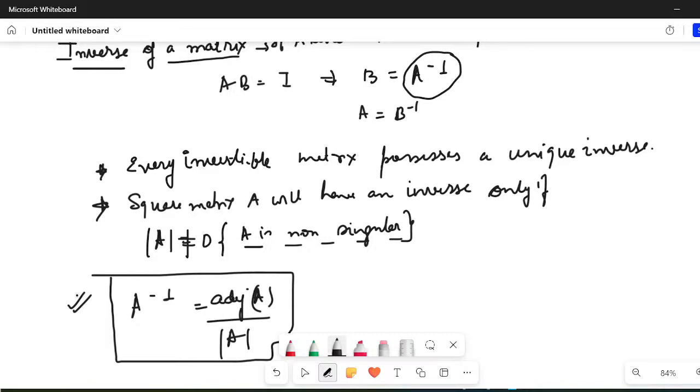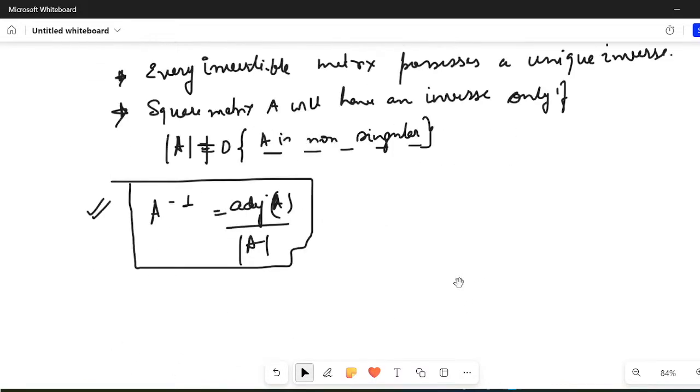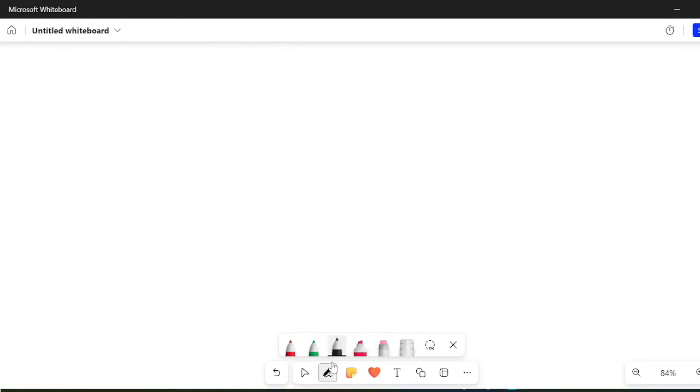Let us not waste our time. Let us first focus on eigenvalues and eigenvectors, and then we'll again come back to the rank and solving using some elementary row transformations that we'll do later on. But let us first address the elephant in the room. This is what is asked in the examination.